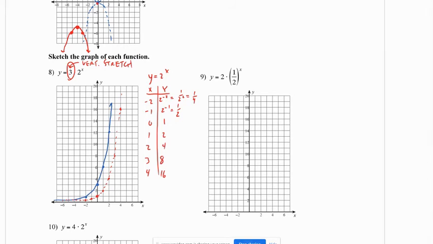Problem 9 is very similar. We just want to think about the graph of the parent function y equals (1/2) to the x power.